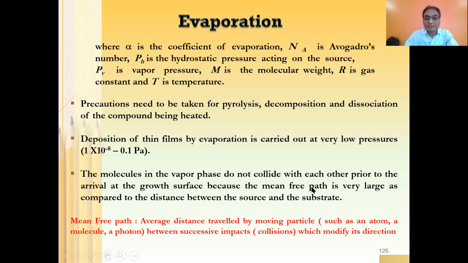And here you can see the molecules in the vapor phase do not collide with each other prior to the arrival at the growth surface, because the mean free path is very large as compared to the distance between the source and substrate.